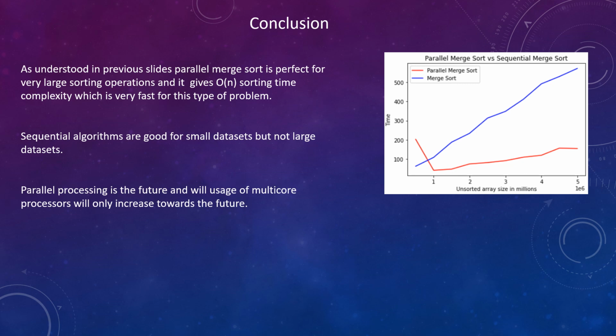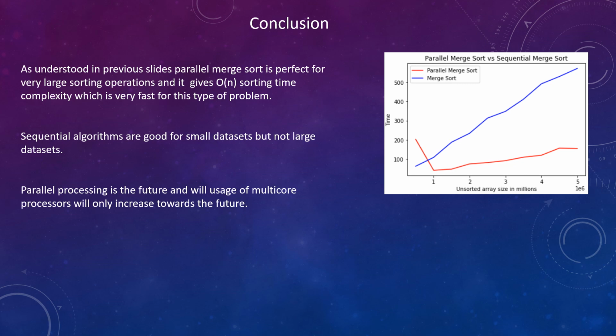Now, as a conclusion, as understood in the previous slide, parallel merge sort is perfect for very large sorting operations. It gives us O(n) sorting time complexity, which is very fast for this type of problem. Sequential algorithms are good for small data sets, but not large data sets. Parallel processing is the future, and the usage of multiple core processors will only increase.